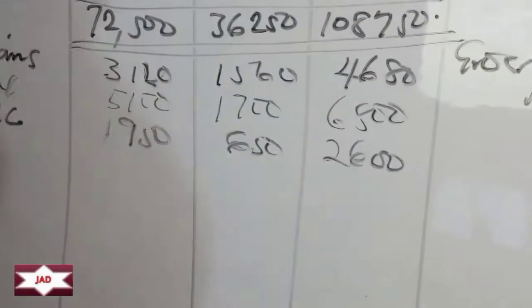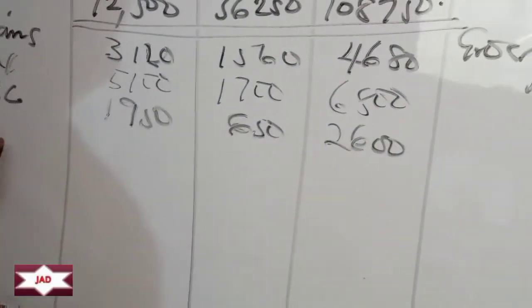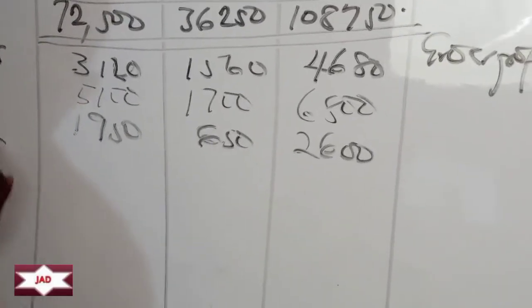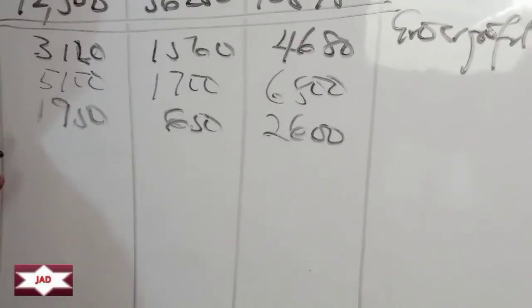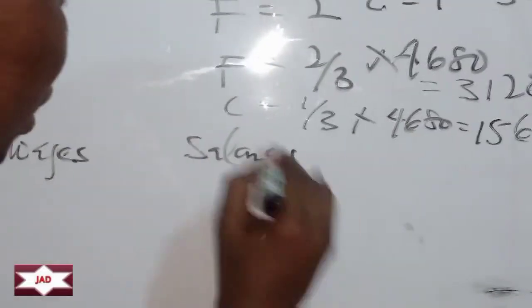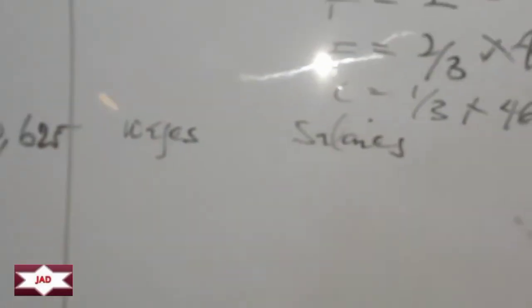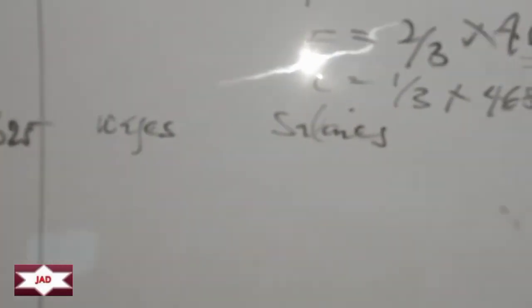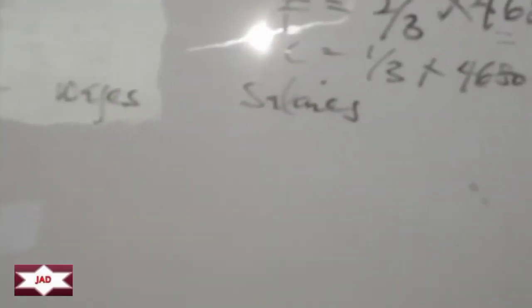So we have, let's say, wages and salaries, okay? So let's go. Let's do wages here. Okay, this is wages. This is salaries. So wages, according to the question, is apportioned equally.